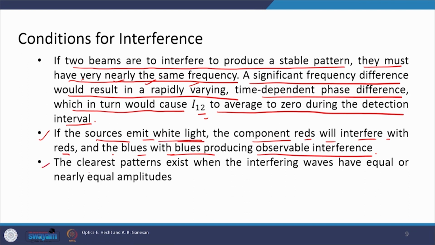The next point is that the clearest patterns exist when the interfering waves have equal or nearly equal amplitudes. Why? Because when it is constructive interference, the waves' amplitudes sum up and a very nice bright fringe appears, and when it is destructive interference, all the energy goes away and we have a very nice dark fringe.